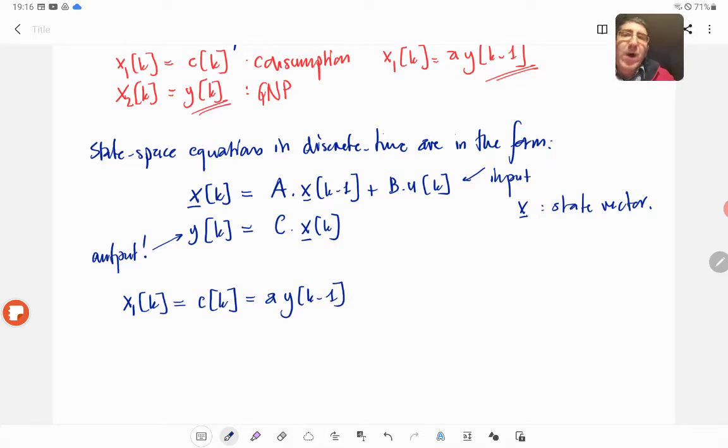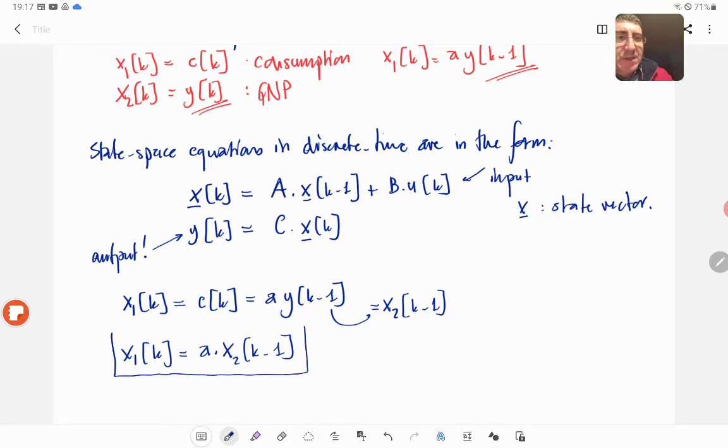And I know that yk is actually equal to the second state, so this one is equal to x2 at k minus 1. So I have x1 of k being equal to simply a times x2 of k minus 1. So that is one of our equations. In this state equation, there is no input term. Okay, let's call this 1.